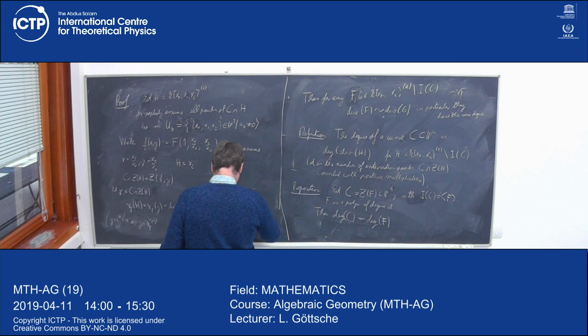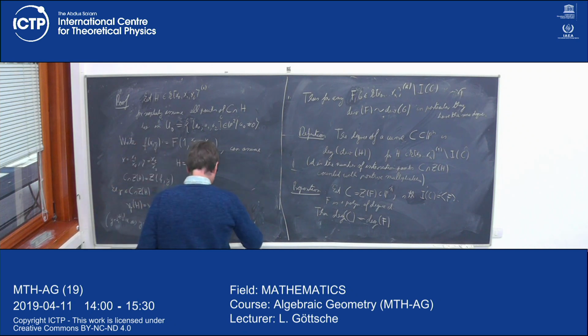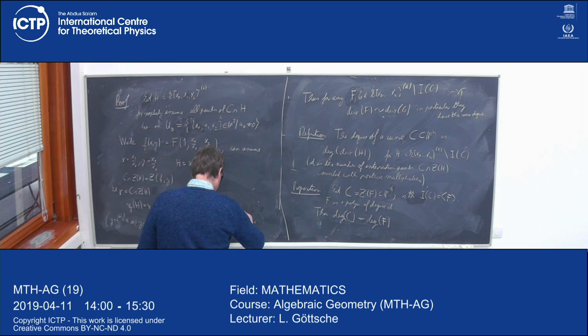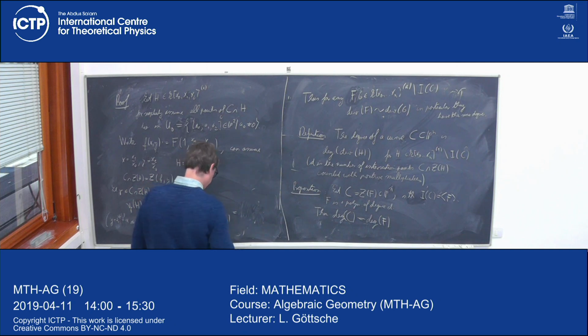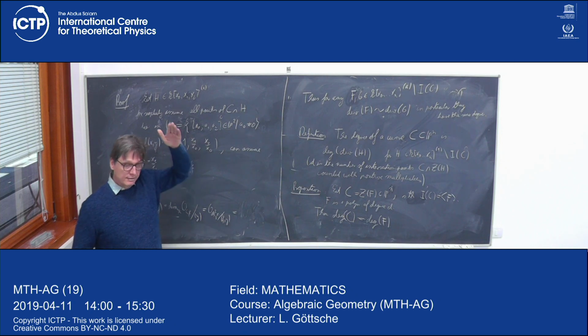Let me just, so if you look at this, we can take this thing divided by y and divide it by the class of f. So this is the same as, so if we take the local ring, if we divide by y, the zero set of y is just the y-axis.